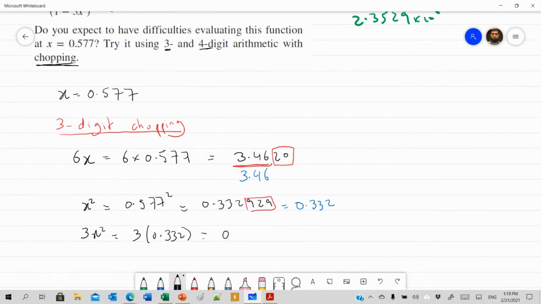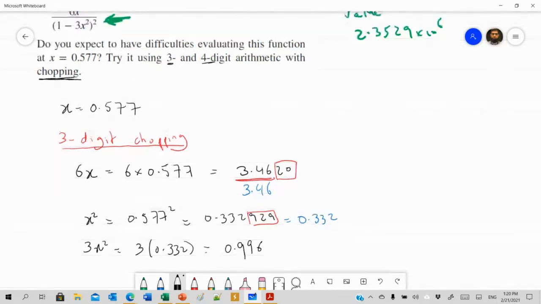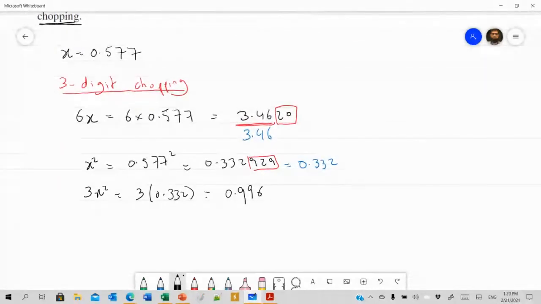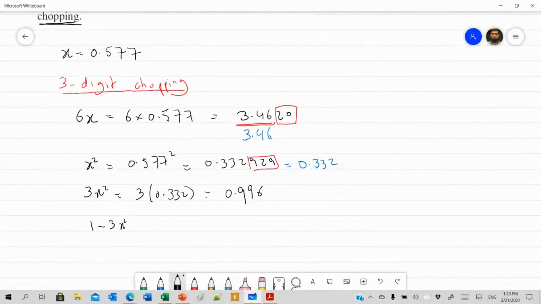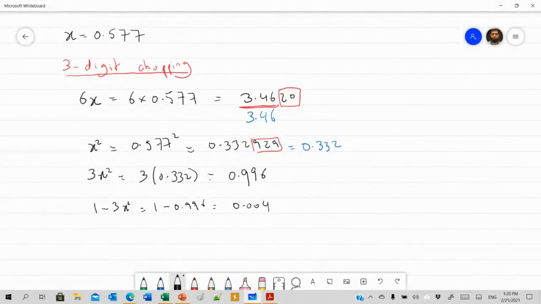This is an easy one. We get 0.996. Then we have 1 minus 3x square. So 1 minus 3x square is 1 minus 0.996, which is 0.004.